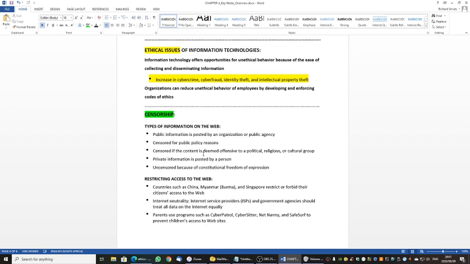They censor any content that is deemed offensive to a political, religious, or cultural group. So effectively all that they're saying in terms of this whole chapter is that if you are part of a platform or you are part of anything that is public, you would want to be aware of censorship, of removing anything that is offensive to other people.